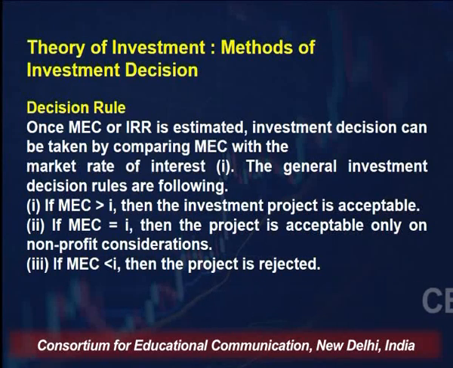And what is the general investment rule? If MEC is greater than i, the rate of interest, then the investment project should be accepted, because if your return is more than the interest rate in the market, then it is acceptable and people will go for investment. If MEC is equal to i, then the project is acceptable only on non-profit considerations.